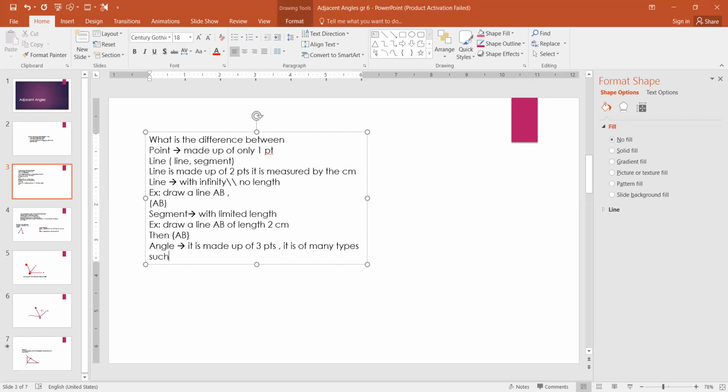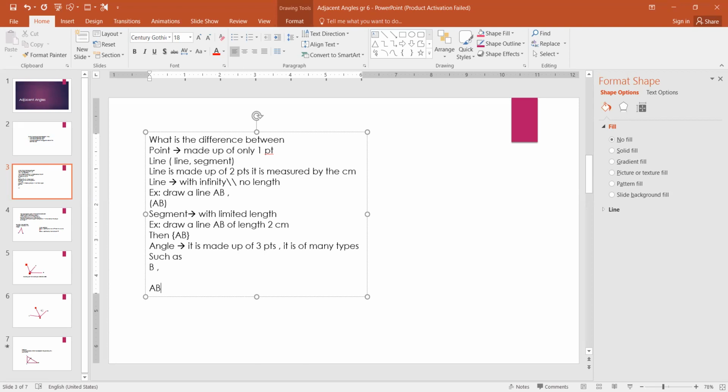What you have to know is that you can't label an angle as just B or C. So if you're introducing an angle B, for example, then you have to introduce it as A, B, C. Let's move to the next slide.